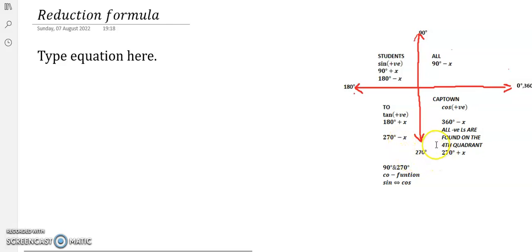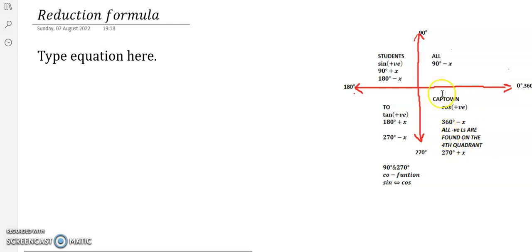Above 270 we have 270 plus something because we are beyond 270, and we also have 360 minus x. However, on the fourth quadrant, all negative angles are found.